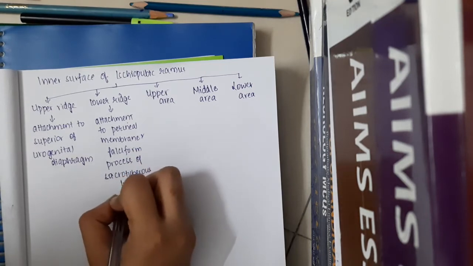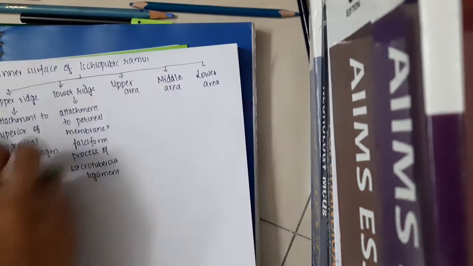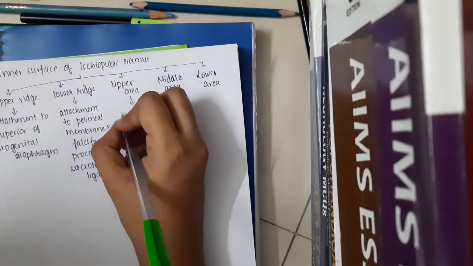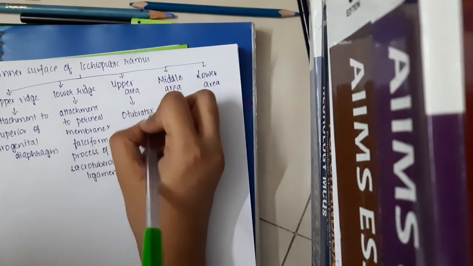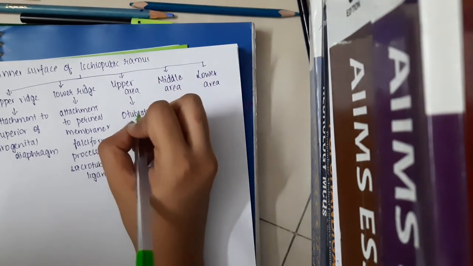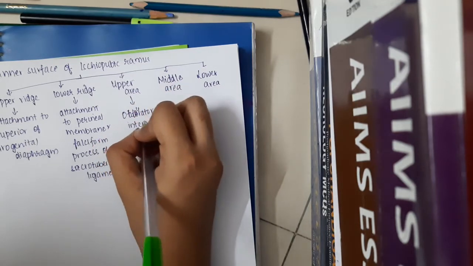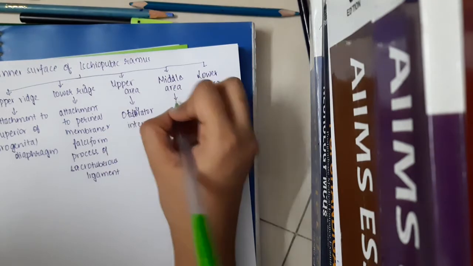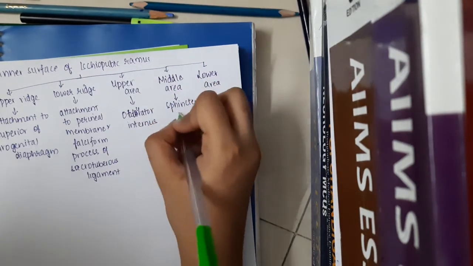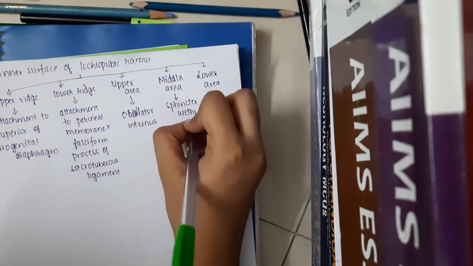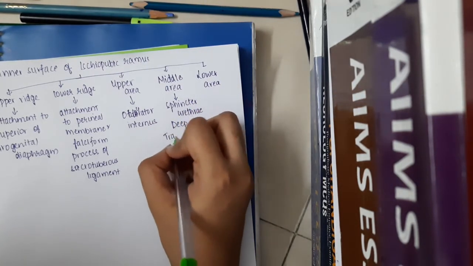Then what about the upper area? The upper area provides attachment to obturator internus, and the middle area provides attachment to sphincter urethrae and deep transverse perineal muscle.